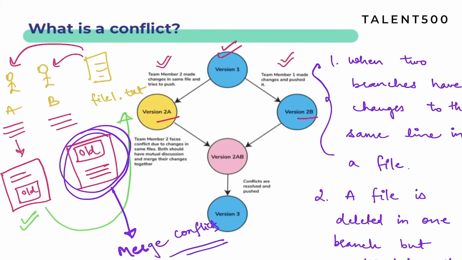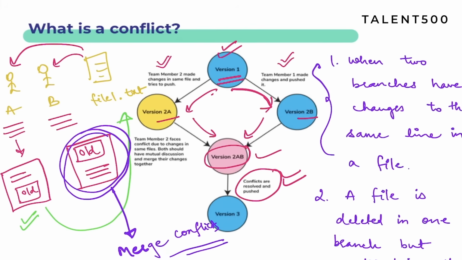After merging all those changes, we are going to get one version for the same file. If you see, initially there was one version, from there we give rise to two versions, and from there we come to another version. From there we resolve all our conflicts, and that is how your final version is going to be there, and this version is not going to have any conflicts.